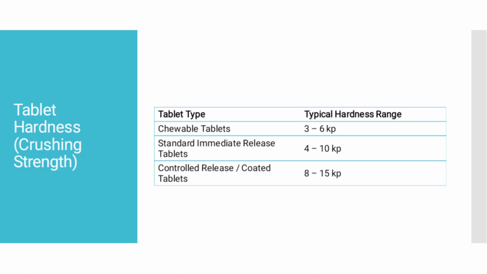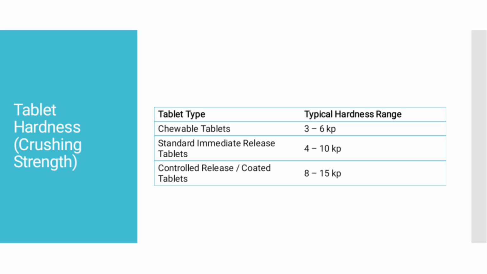Then standard immediate release tablet has hardness of 4 to 10 kp. Then control release or coated tablet have 8 to 15 kp, as higher hardness helps prevent capping and coating damage. Okay, so remember, increasing hardness reduces friability but may increase disintegration time too.